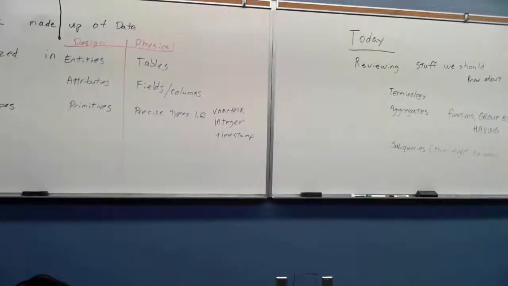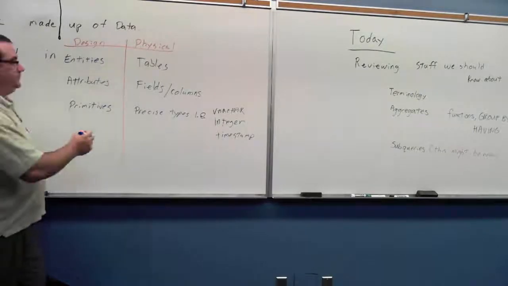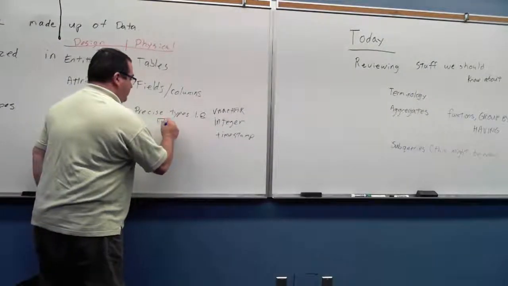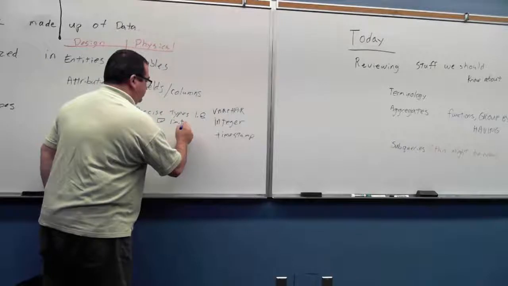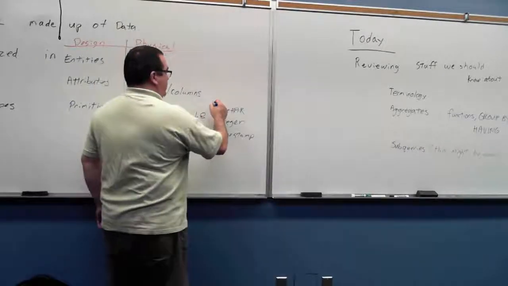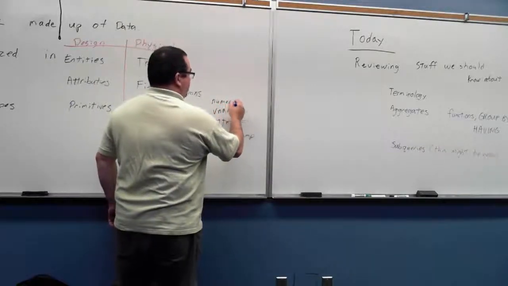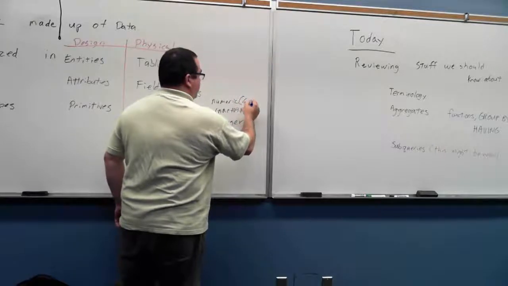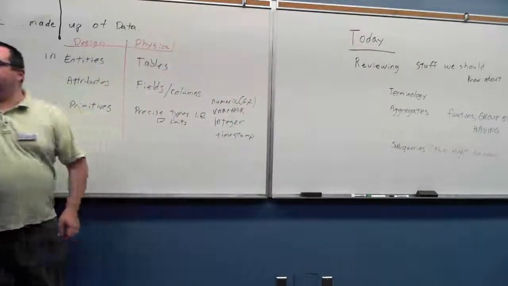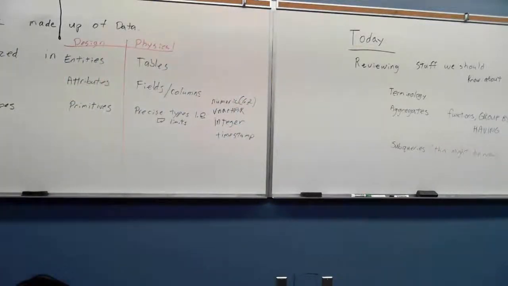It can have limits, such as a numeric, where you set the size and the precision. And depending what design software you use, the word precision changes what side of the comma it's at. Toad puts the word precision on the left. Other ones put it on the right of the comma. Okay.